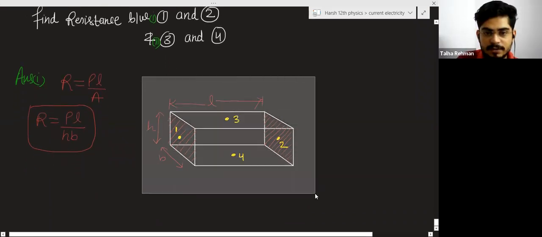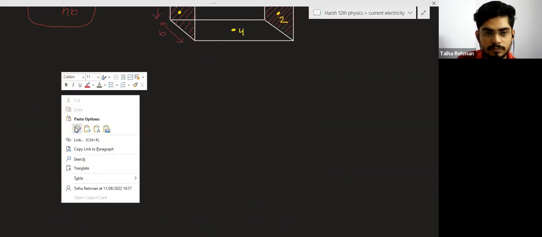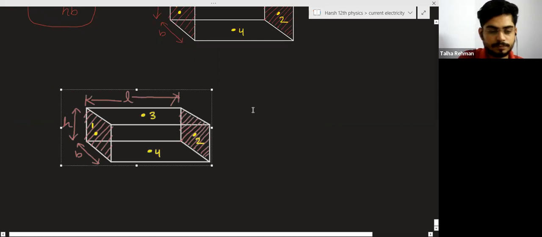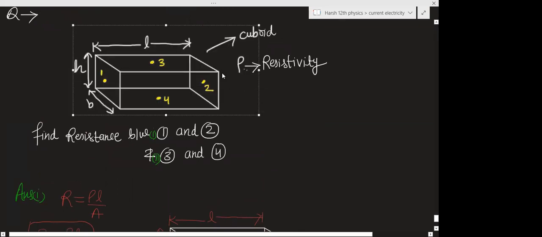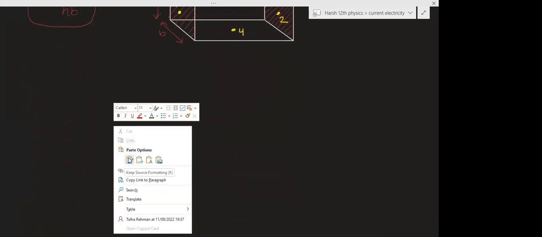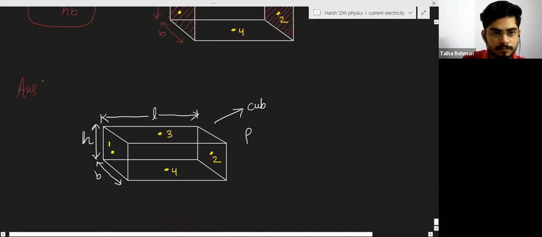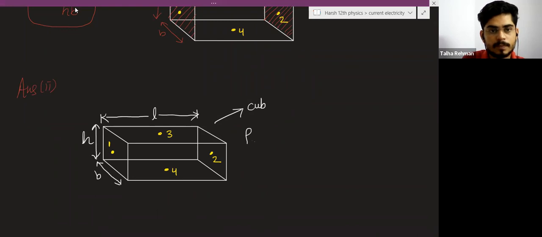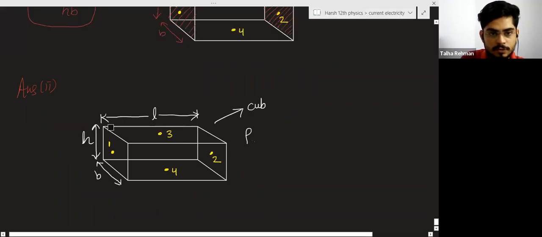Okay, if you want to find the second answer, see here for the second answer, we know that this is the length L. This is a cuboid and resistivity rho is given.